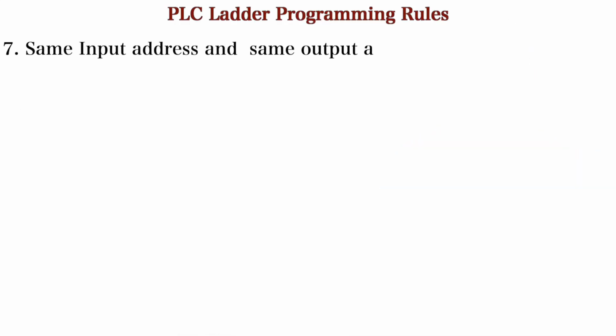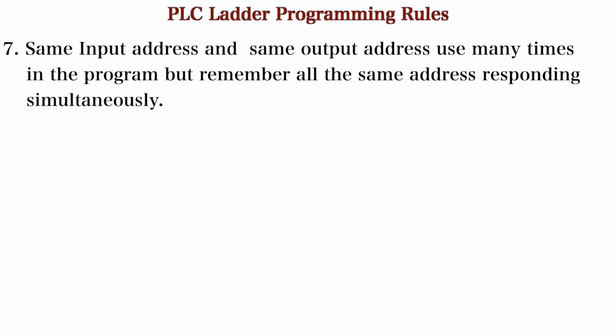Now the seventh rule: the same input address and the same output address can be used as many times in the program, but you have to remember all the same addresses will respond simultaneously.